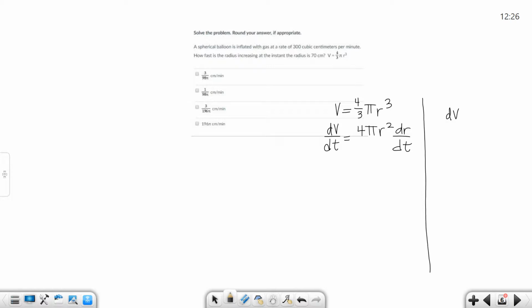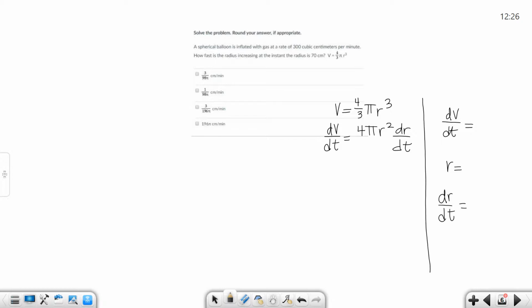Reading through the problem, and working it out for that matter, here are the three unknowns that I'm going to need. It says the balloon is inflated at a rate, okay, so that's either dV/dt or dr/dt because it said rate.